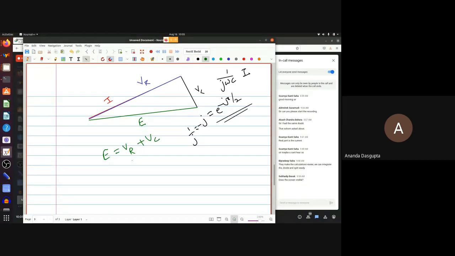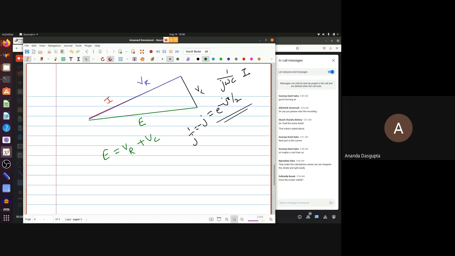Here, for example, you can see that the voltage across the capacitor lags behind the voltage across the resistance by 90 degrees. So there's quite a lot of lag there. But when you just switch on the circuit, at that instant, the voltage across the capacitor is zero, and the voltage across the resistance is also zero. So what happened to this lagging behind?